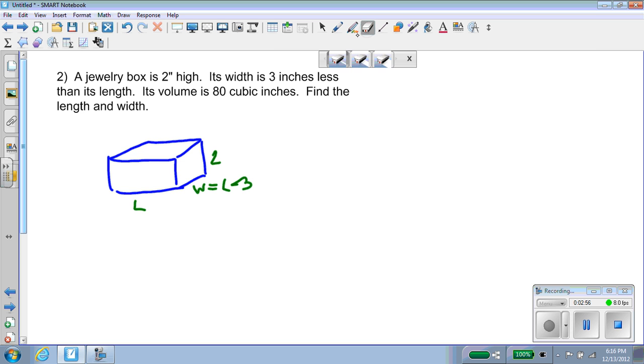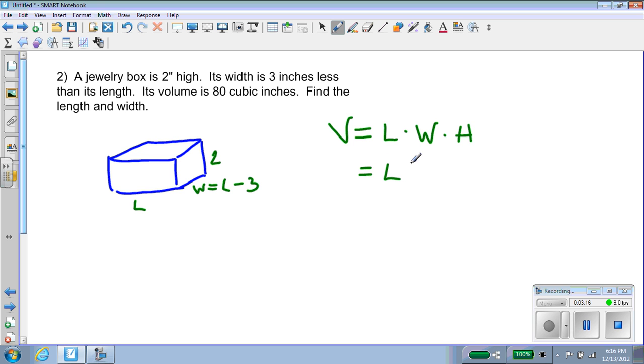Here, let me neaten that up a little bit for us. Okay. And the volume of a box equals length times width times height. So the length I have is L. The width is L minus 3. And the height is 2. And that equals the volume, which they told us was 80.